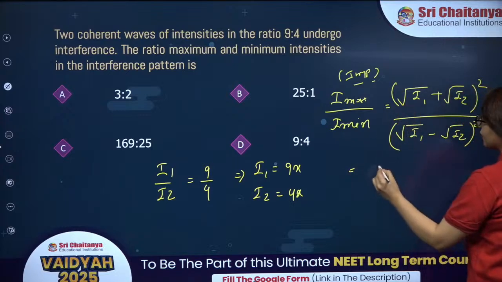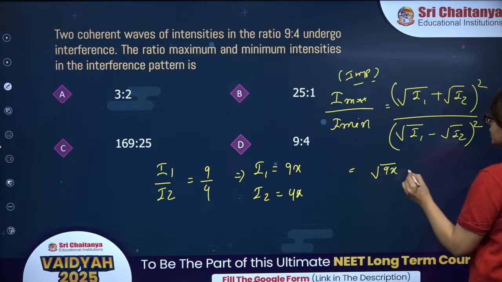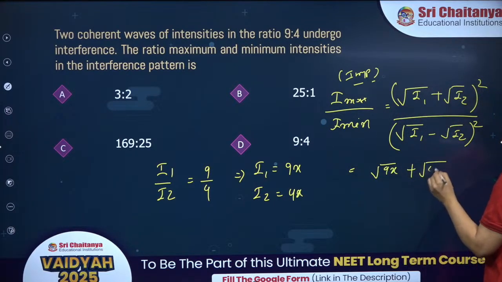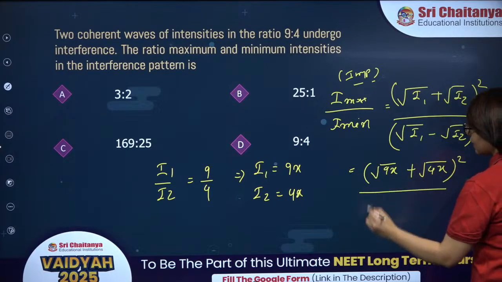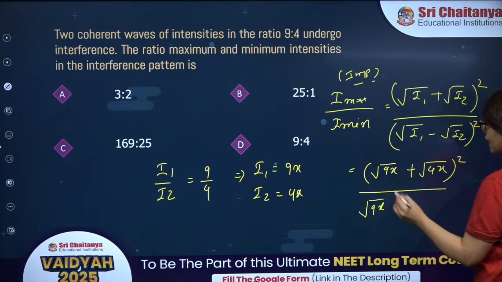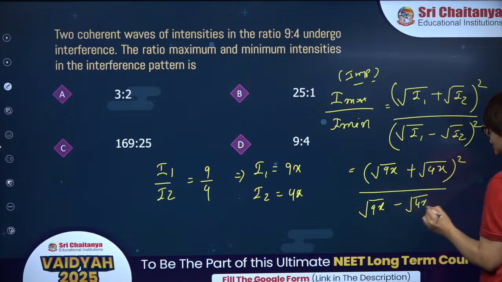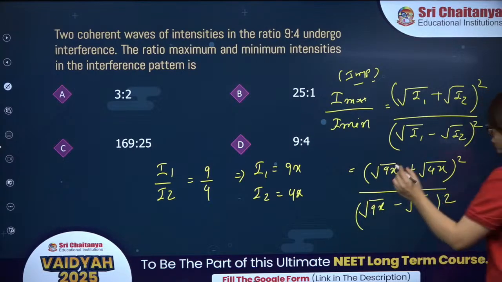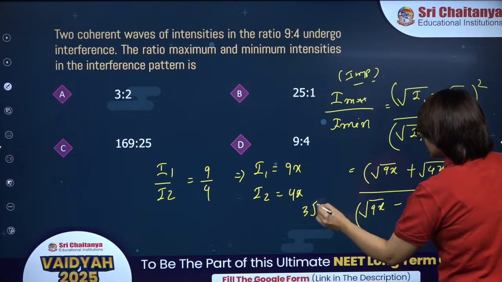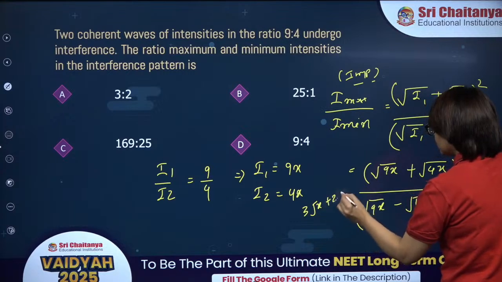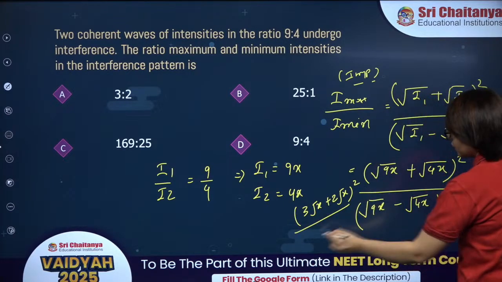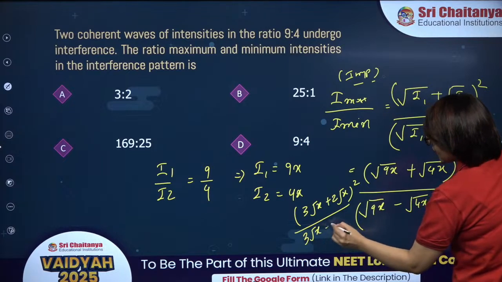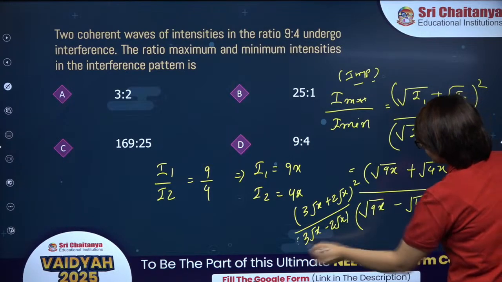Under root of I1 will be under root of 9x plus under root of I2 which is 4x, whole square, divided by under root of 9x minus under root of 4x whole square. So this will be 3 root x plus 2 root x whole square divided by 3 root x minus 2 root x whole square.